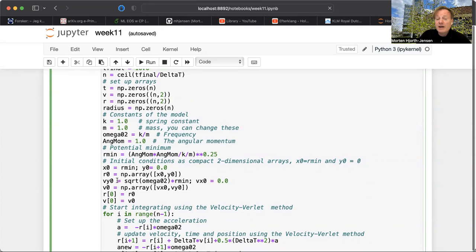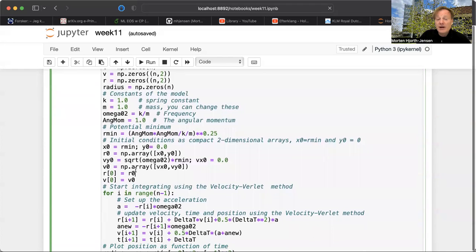I then define my V0 to have an x component which is equal to 0. And then I calculate the velocity in the y direction in terms of the square root of this natural frequency times this R min. And that is the equation which I need in order to define the velocity.